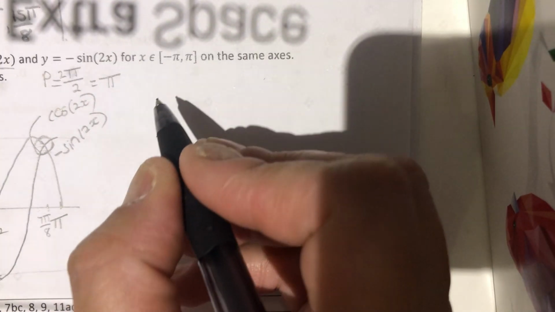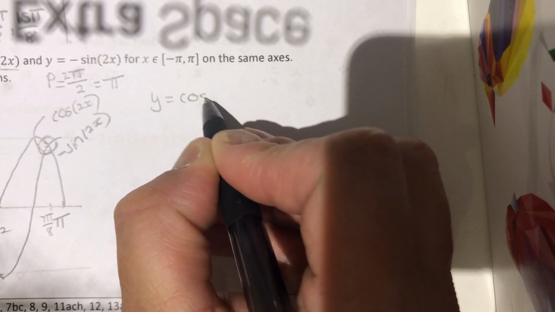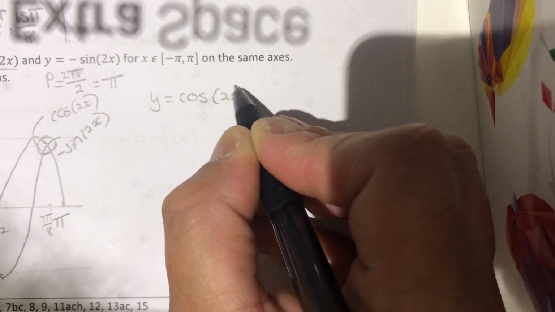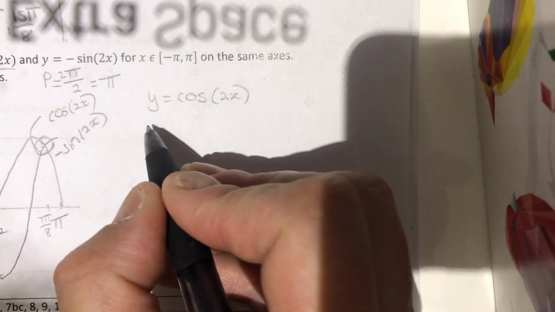So first we're going to try y equals cos 2x. That's one of our equations. We only need to use one, remember. So let's try an easy point. Maybe let's try negative pi on 8.